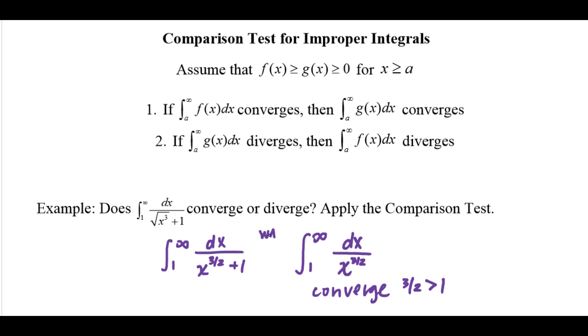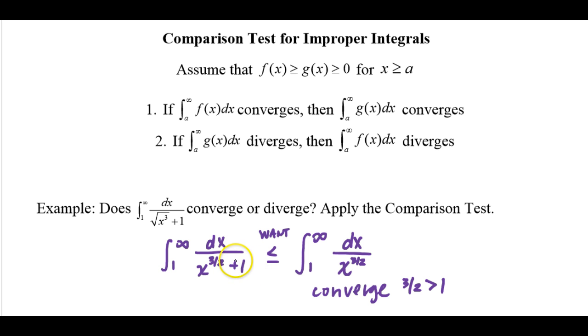What I want to happen is I want this one to be smaller than the one I compared it to. So if I can show that this one is always less than this one, so this one's the smaller one, if a bigger one converges, something smaller than it has to converge. So this rational function on the left side is always going to be smaller than this one because this denominator is bigger.